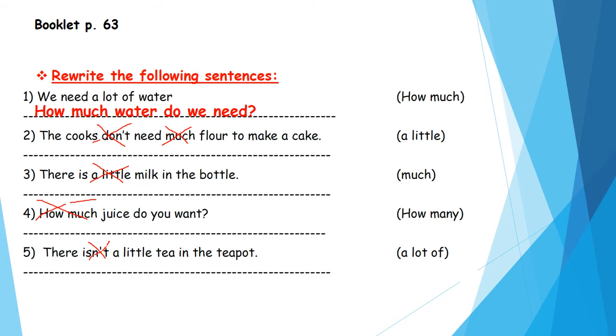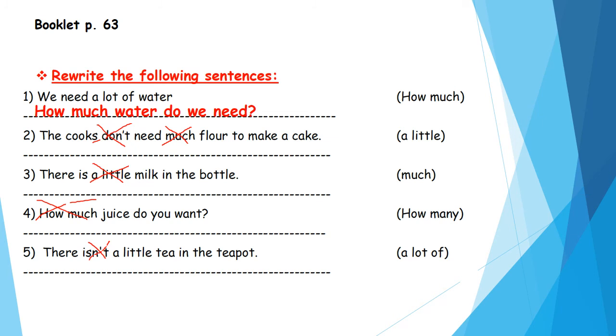And don't forget to put what? The question mark. Let's see number 2. The cooks don't need much flour to make a cake. Between brackets a little. Yes, we use a little with uncountable nouns. Positive questions. Positive means without not. So the first step you will do, you will cross don't. Yes? Okay, super. After that you will do what?